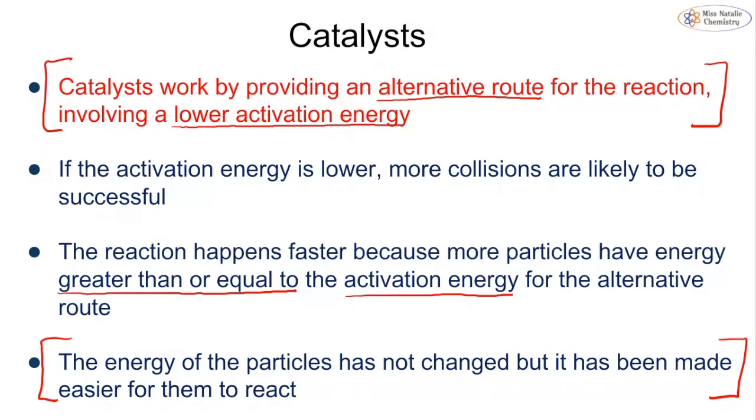So they can hit each other and react much more easily because the minimum energy needed for the reaction to happen has been reduced. So if I have no catalyst, I might need 50 kilojoules of energy. If I have a catalyst, I may only need 20 kilojoules of energy in order for the reaction to happen. So we are reducing the activation energy by giving it an alternative route for the reaction to happen.